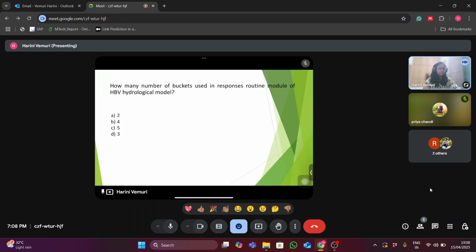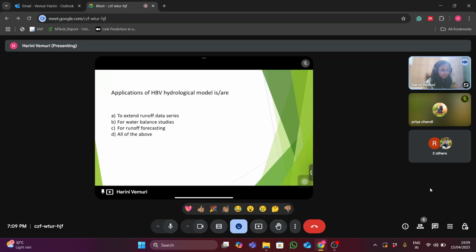So the next question is, how many buckets are used in the response routine module of the HBV hydrological model? If you remember, in the response routine module we have two buckets, upper and lower. And also we have three runoff components, Q0, Q1, and Q2. So there are two buckets in the response routine module and three runoff components.